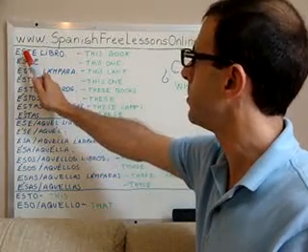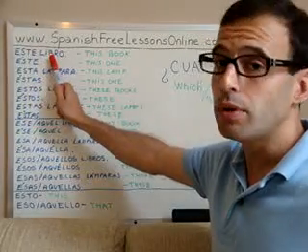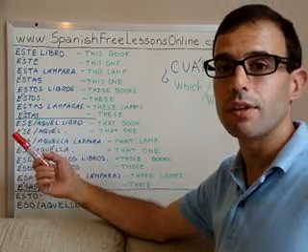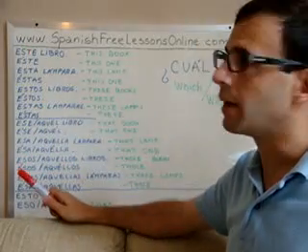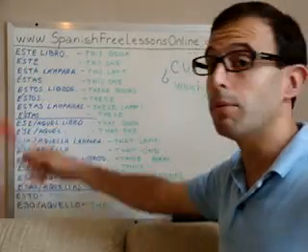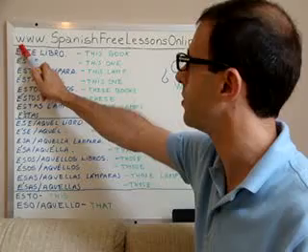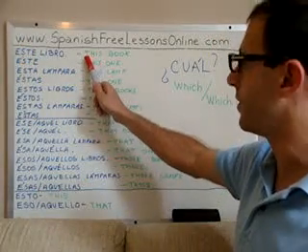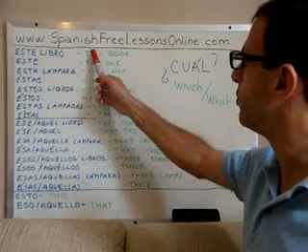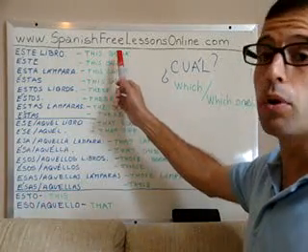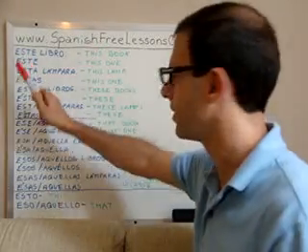Este without a tilde always needs to be followed by a noun or by an adjective that refers to a noun, okay? You can say este libro or este gran libro, this big book, okay? But it needs to be followed by something else if you use este without a tilde. Like this book, right? You need to follow it with either a noun or an adjective. This book. This one. Éste. Okay?